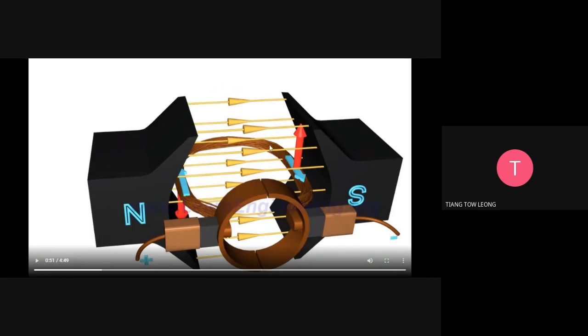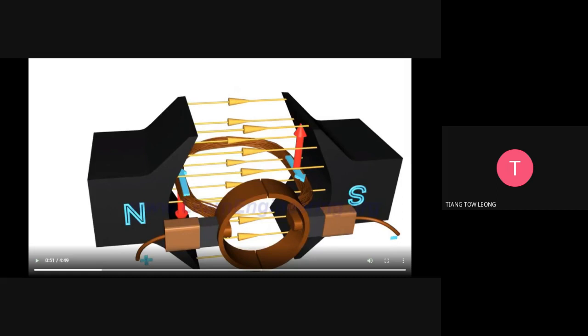If we use the left hand, we point our second finger towards the right, because the field points to our right side, and then the current goes inside.